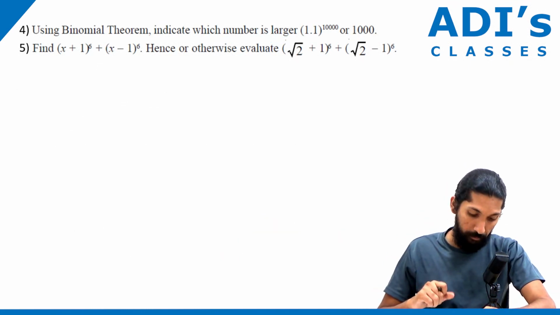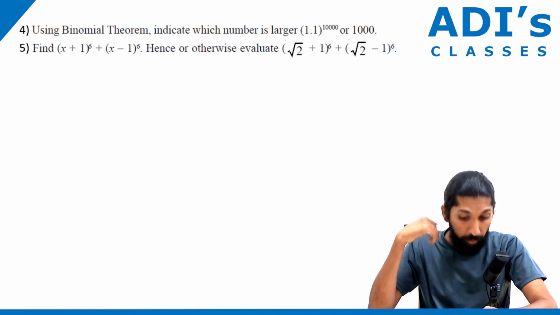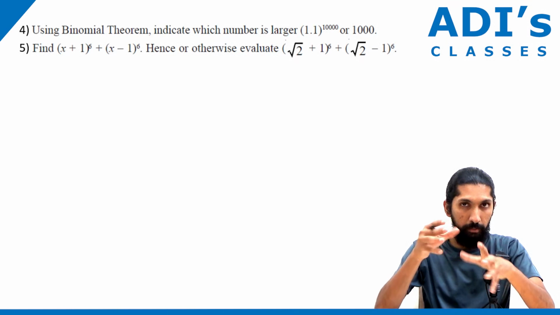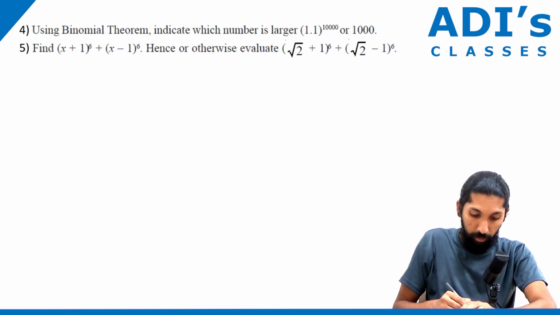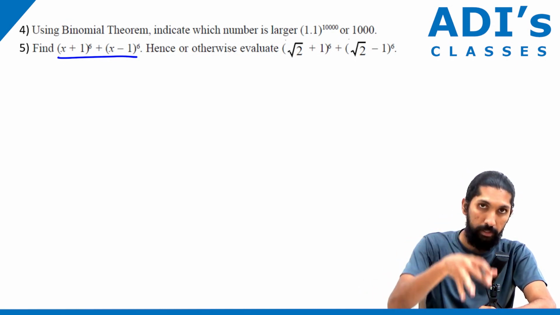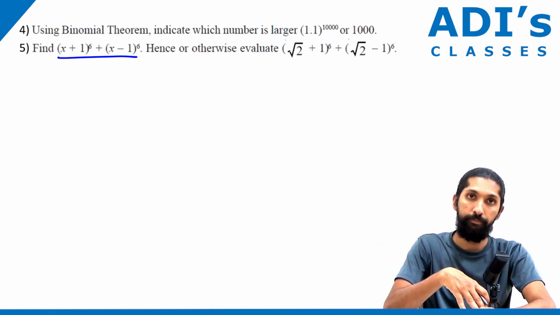See the fifth one. Find this value, hence or otherwise evaluate this one. So if you look at it, it's pretty much one and the same. So first we'll calculate the value of this one first. Then we'll apply the same result we get into the given problem.